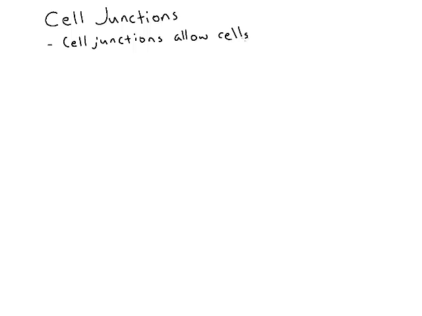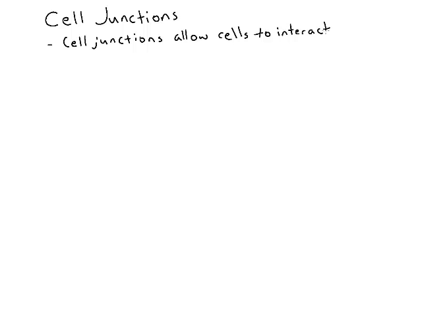Now, cells just don't sit side by side with each other, but rather they interact with each other using cell junctions. And these are structures that connect cells to other cells, pass materials between the cells, and help organize and stick the cells into extracellular matrix.